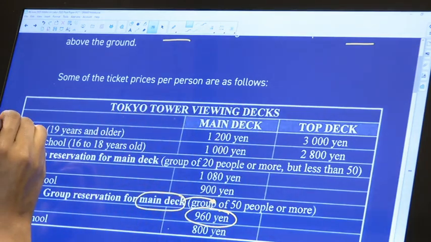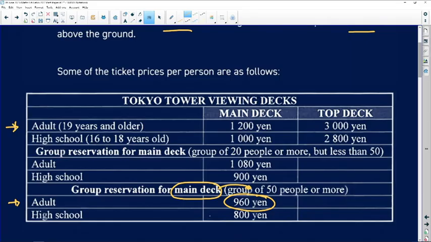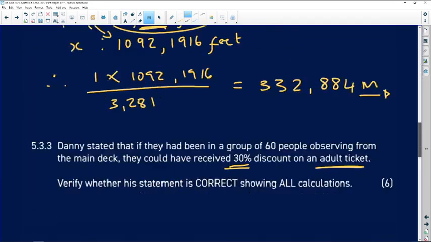Originally, they would have paid 1,200 yen. However, as a group they now pay 960 yen. So we need to subtract those two numbers: 1,200 minus 960.